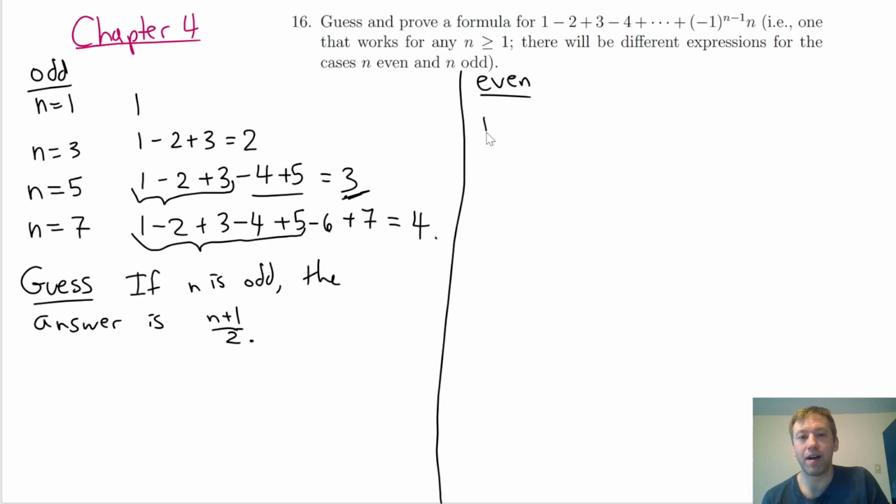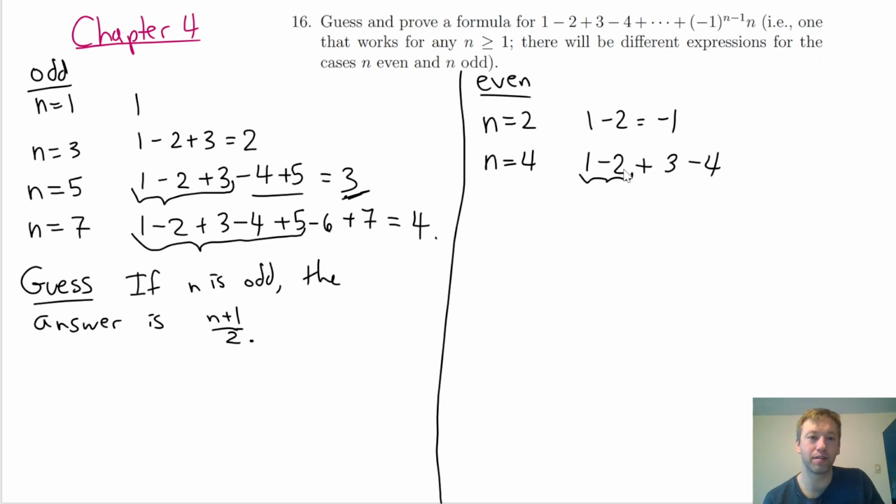Let's think about even values of n. For n equals 2, we've got 1 minus 2, which is negative 1. For n equals 4, we've got 1 minus 2 plus 3 minus 4. Again, we can kind of break this down. We already know 1 minus 2 is negative 1. And now I'm going to add 3, but subtract 4.